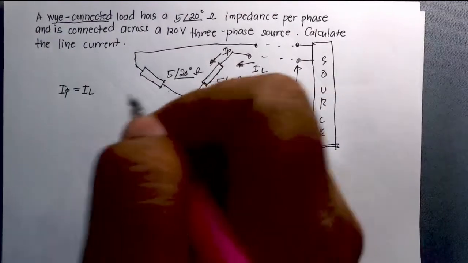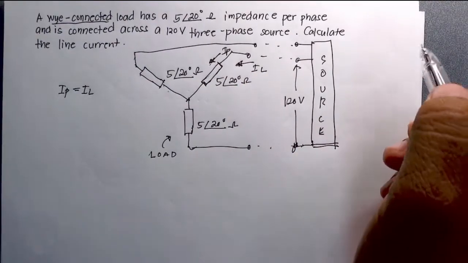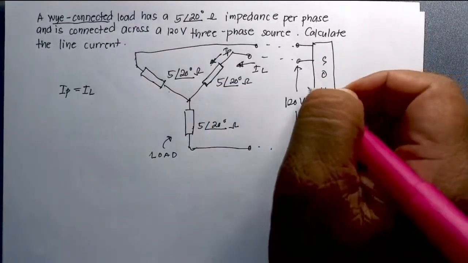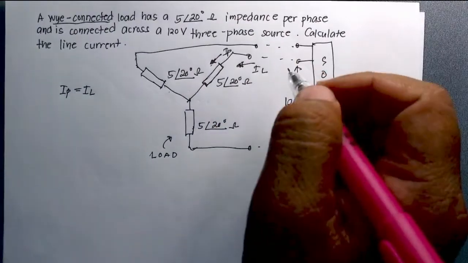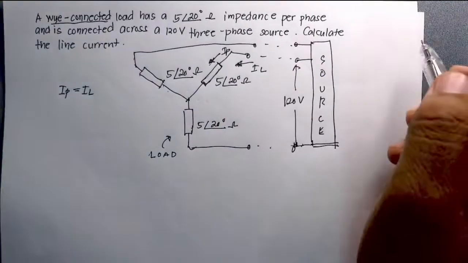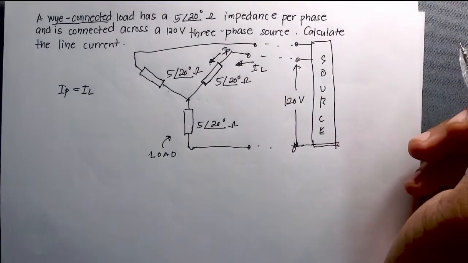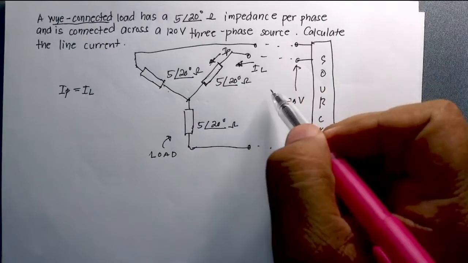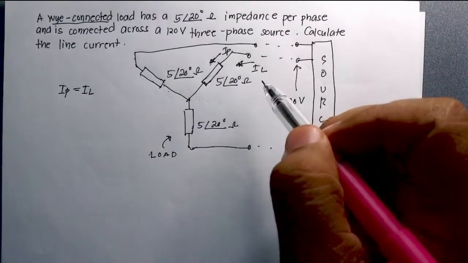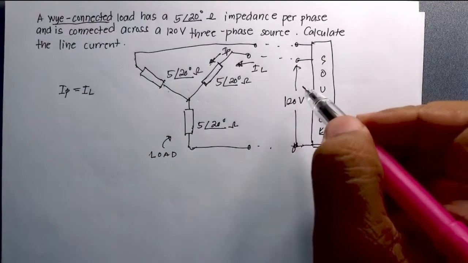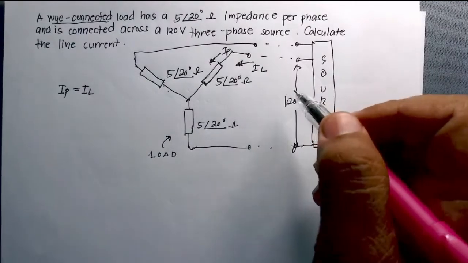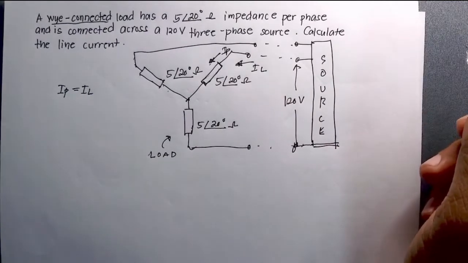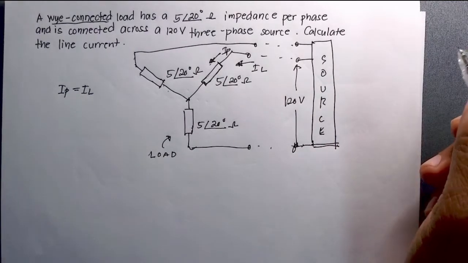Here also you know that the line voltage is not the same as the phase voltage. Actually, you take the square root of 3 times the phase voltage, and that will be your line voltage. So we are to calculate now the line current.